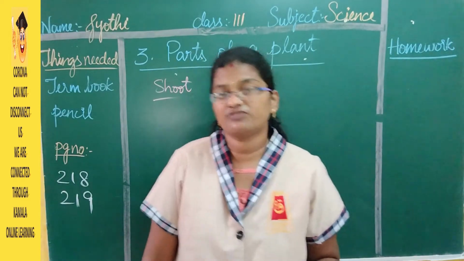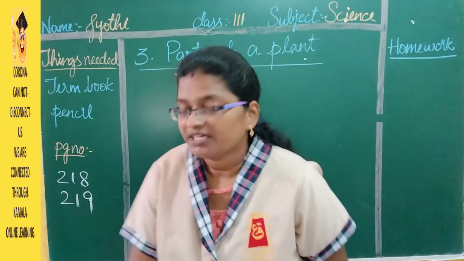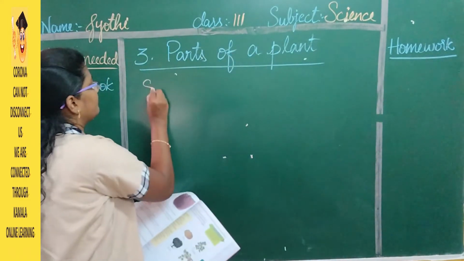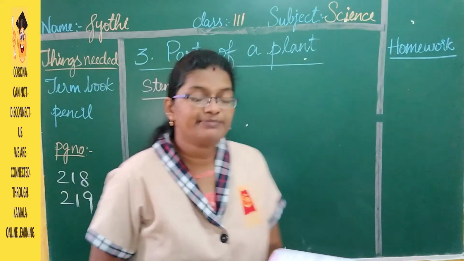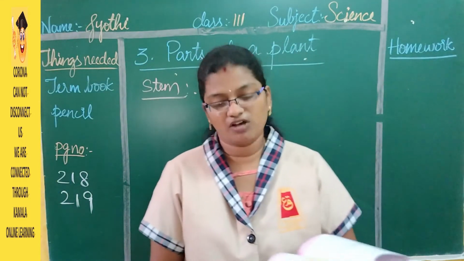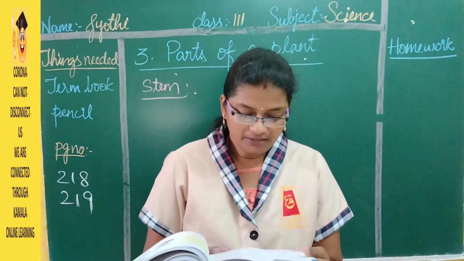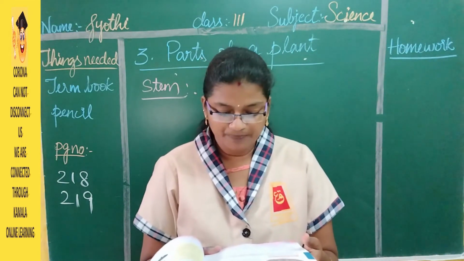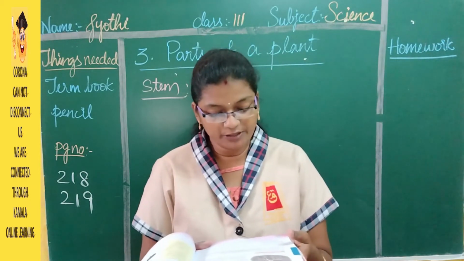Now coming to the first one, that is stem. Under shoot system, the first one is stem. So what is stem and what are the functions of stem? Let us learn. The stem is the main part of this shoot. It has many important functions which are described below.